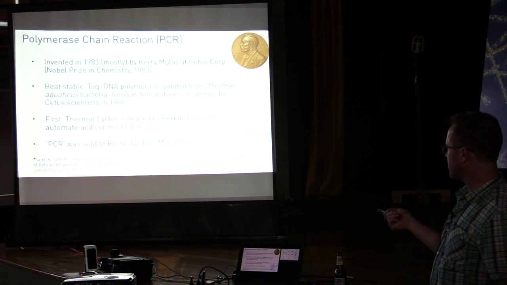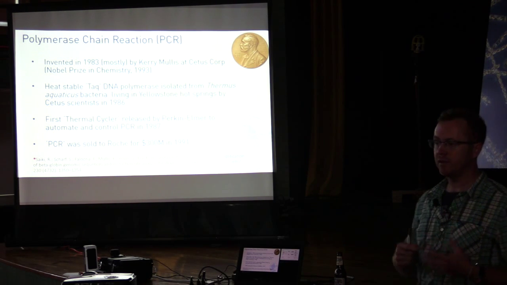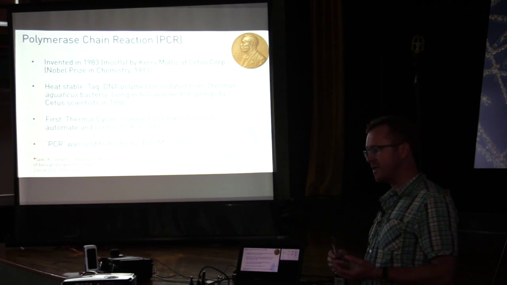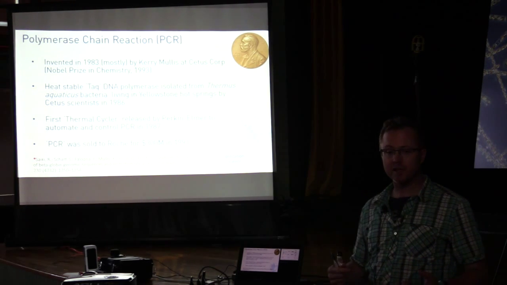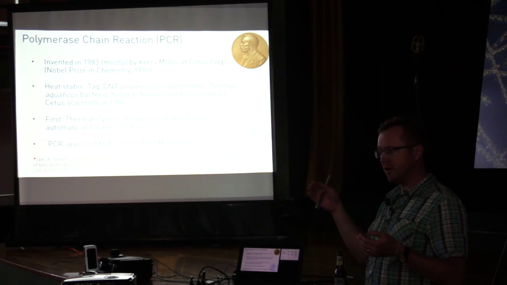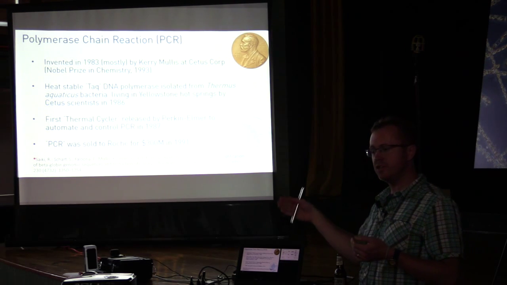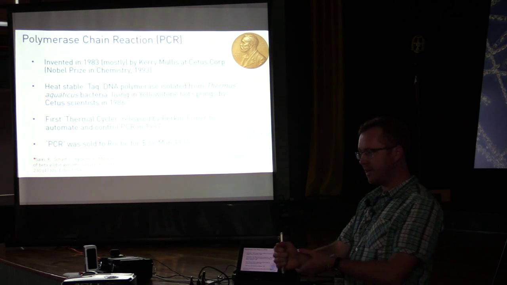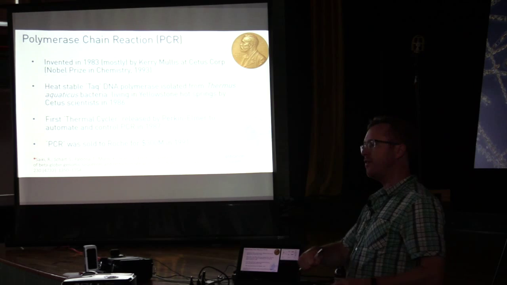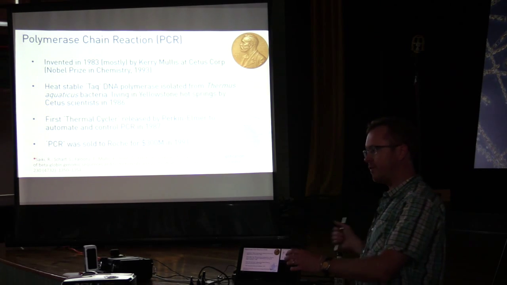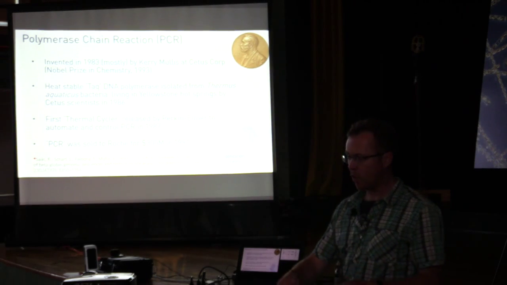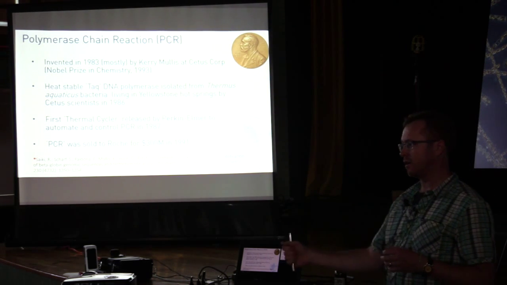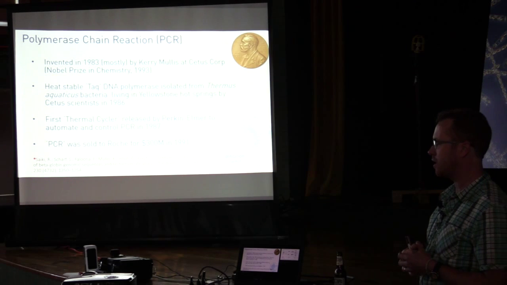And one of the big advances was that biologists already knew how to copy DNA, but the problem was that the DNA polymerase, which is what assembles the individual A's and C's and T's and G's, wasn't heat stable. So you'd add DNA polymerase to a reaction, and then it would break down, and then you'd have to go back to the lab bench and add more. So it was a lot of manual, hands-on shuttling of reagents around, and it was very costly.